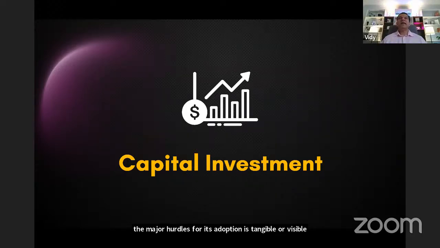If companies are able to see that by investing X amount of dollars in a new technology, they are going to get 2x, 3x, or 10x returns, then they will be more comfortable making that investment. But that has been one of the challenges with blockchain, the initial upfront capital investment.